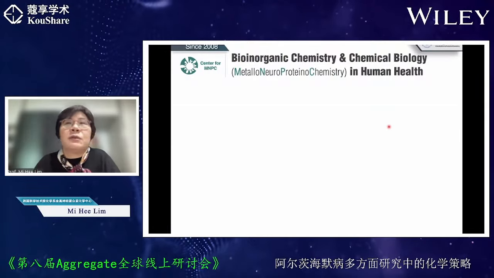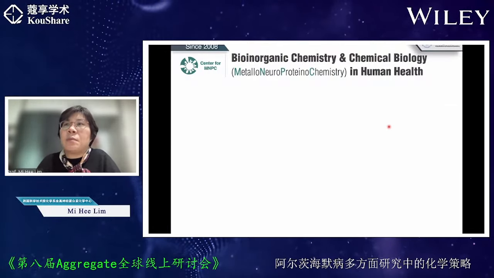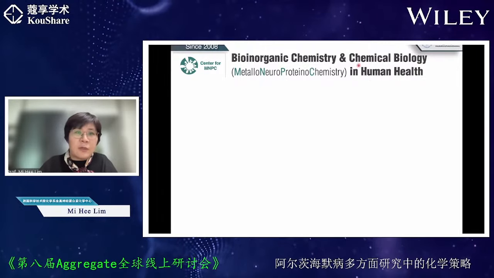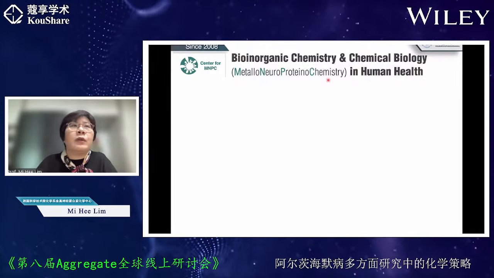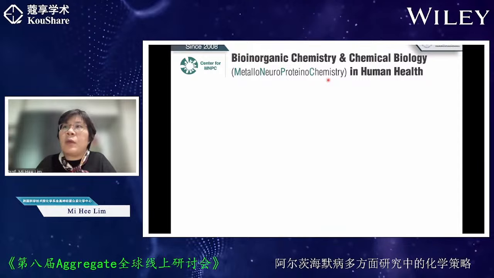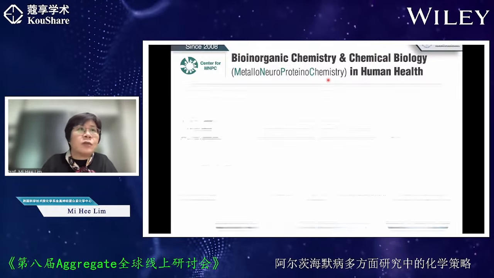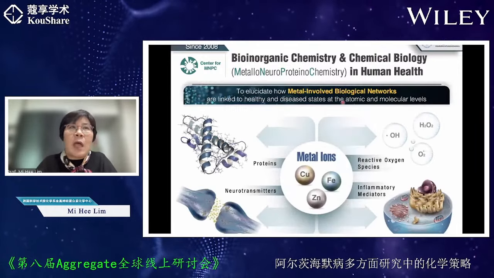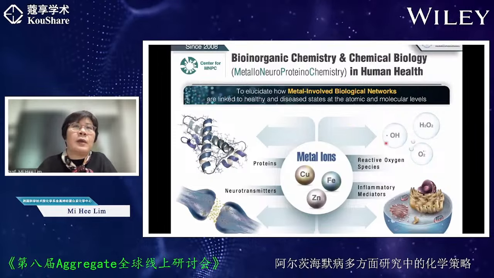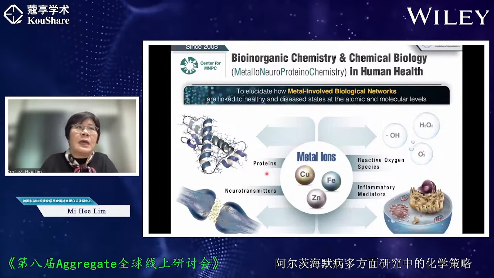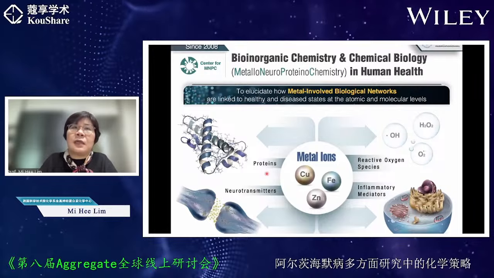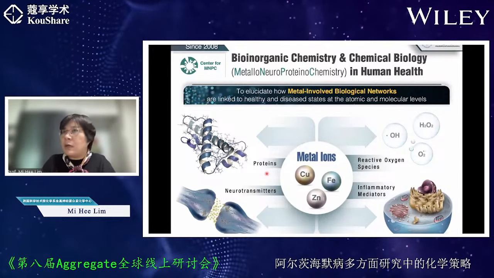So since 2008, our laboratory, as a metallo-neuro-proteinochemistry group in the community of bio-inorganic chemistry and chemical biology, has been trying to elucidate how metal-involved biological networks shown here are linked to healthy and disease states at atomic and molecular levels.